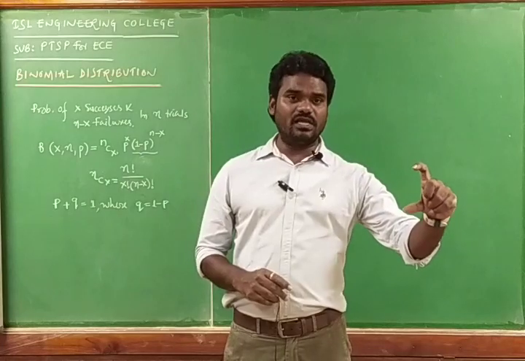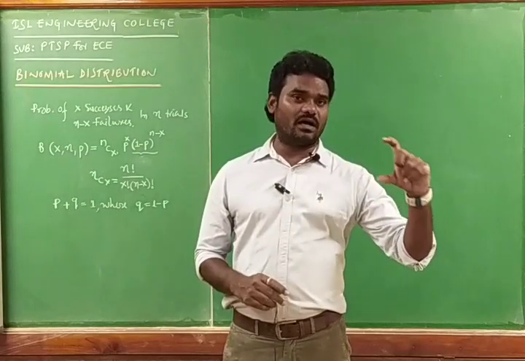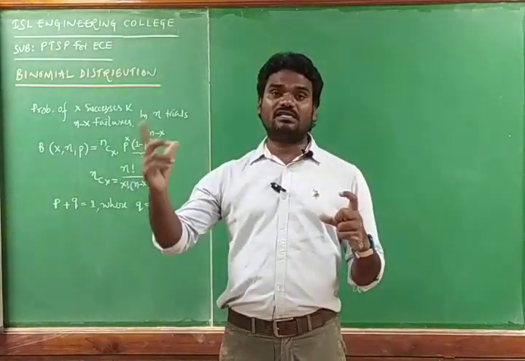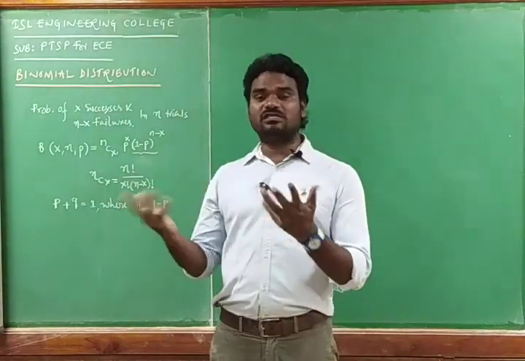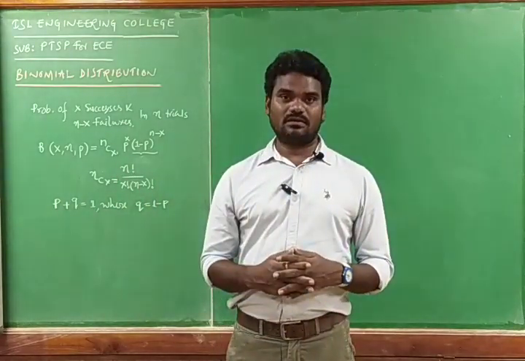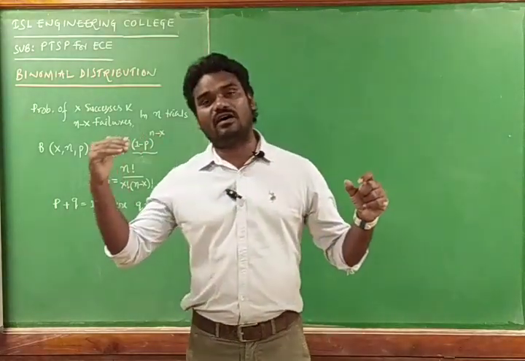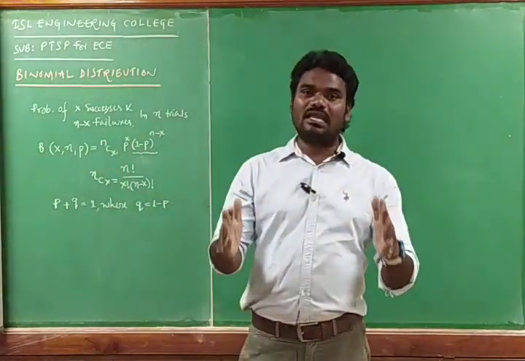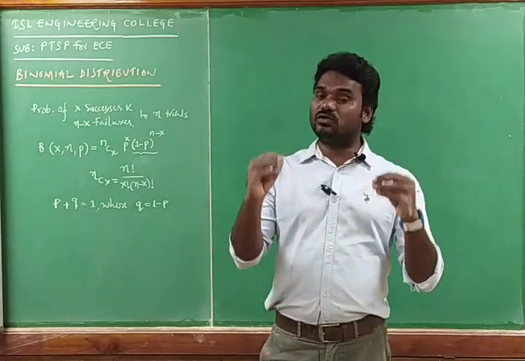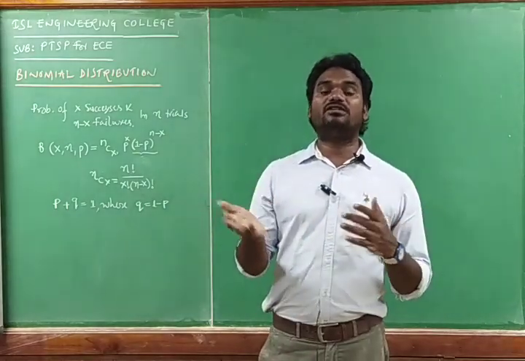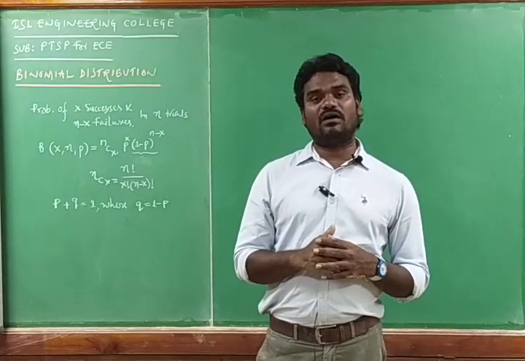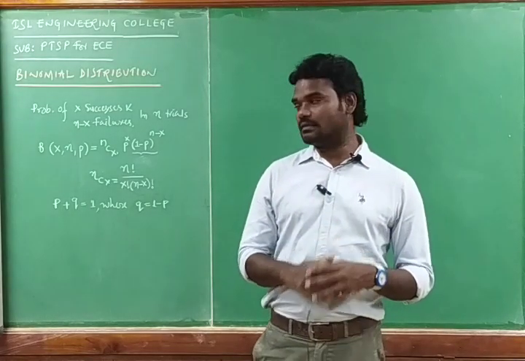If the probability of failure is q and the probability of success is p, then p plus q is equal to 1. The probability should not be more than 1 and it should not be negative. That is the first axiom of probability theory.